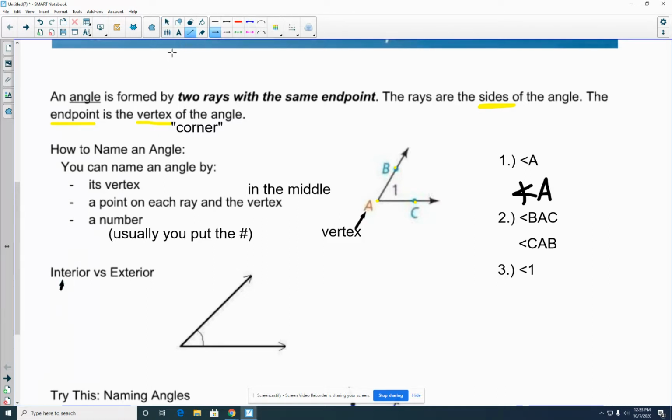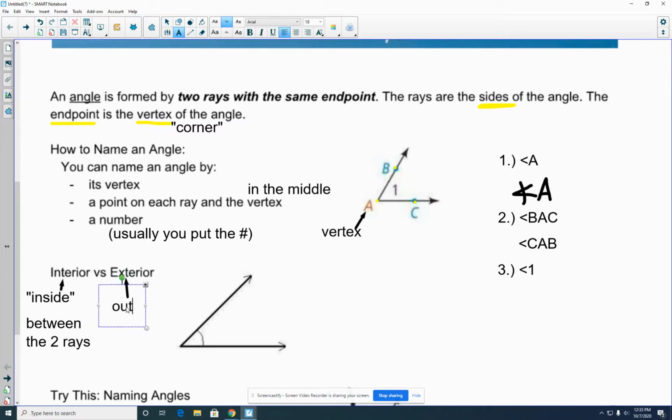So the interior is going to be inside between the two rays, right? The exterior is outside.